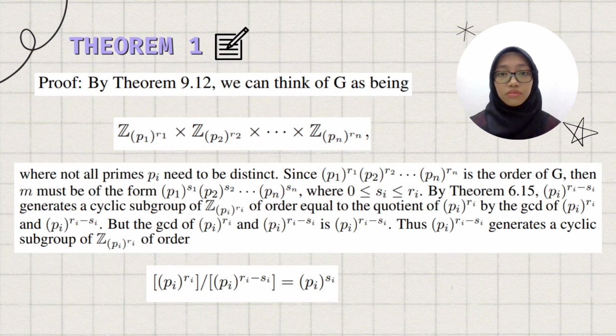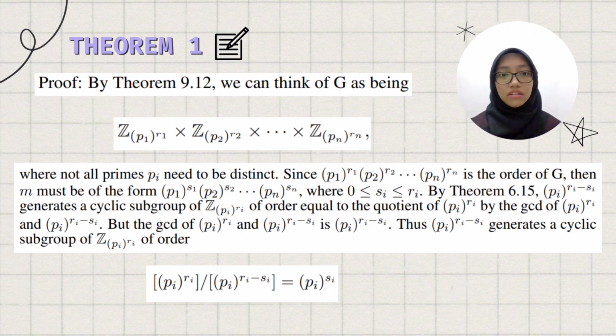By Theorem 6.15, pi to the power of ri minus si generates a cyclic subgroup of integers modulo pi to the power of ri of order equal to the quotient of pi to the power of ri by the GCD of pi to the power of ri and pi to the power of ri minus si.